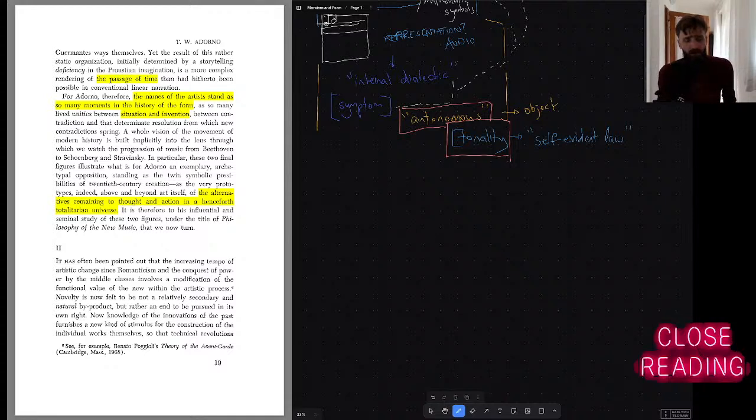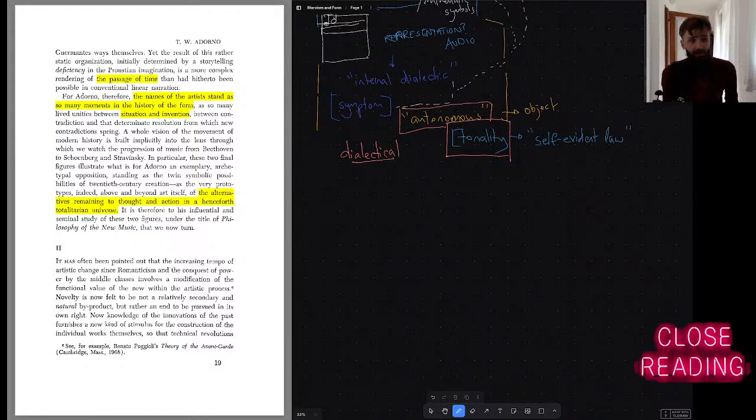So Jameson's investment in music as an autonomous system is related to its ability to show us as listeners something of the dialectical structure of reality.